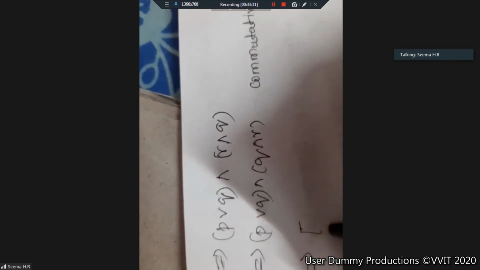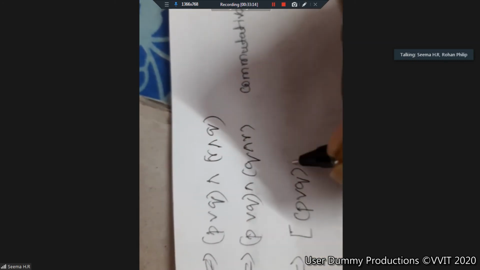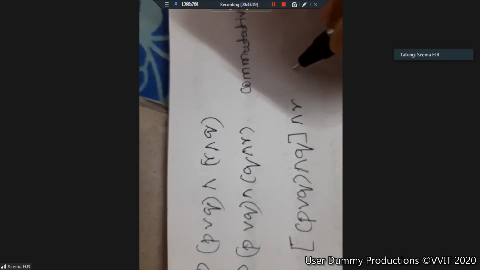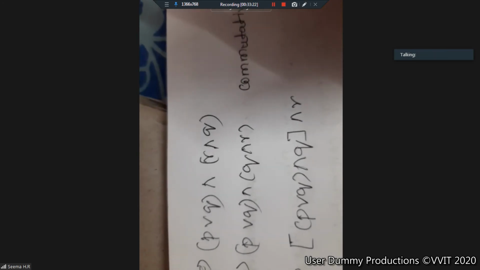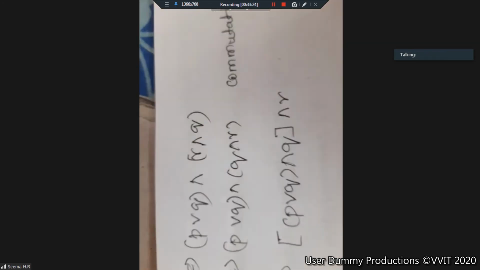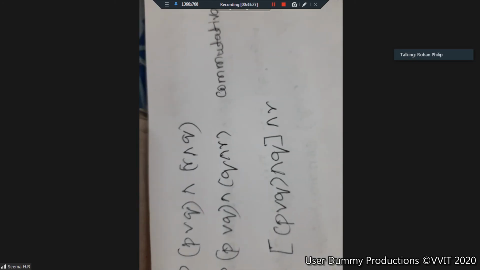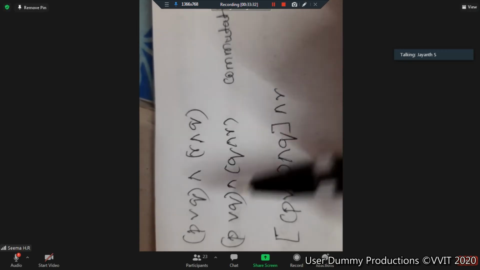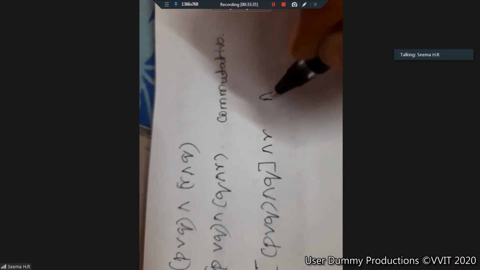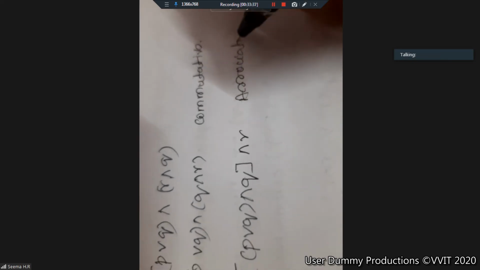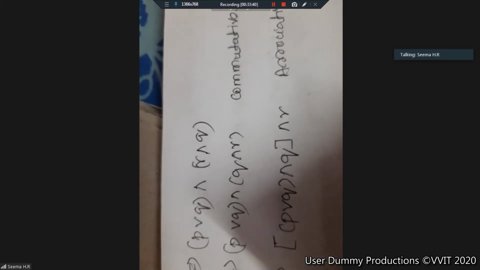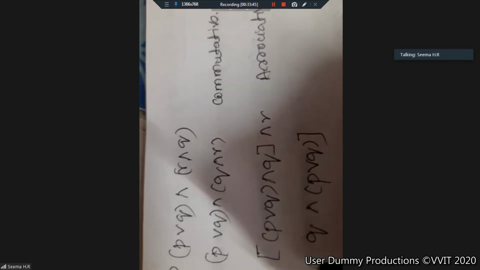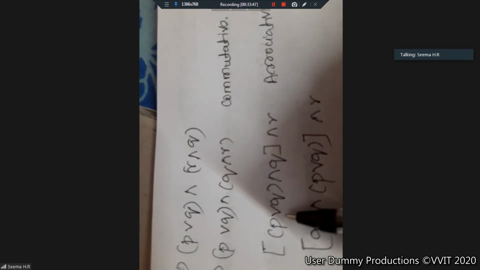Now I'll be just rewriting this as P or Q and Q and R. This is because of associative law. Now I'll be writing Q and P or Q and R. Here A is there, here B is there.